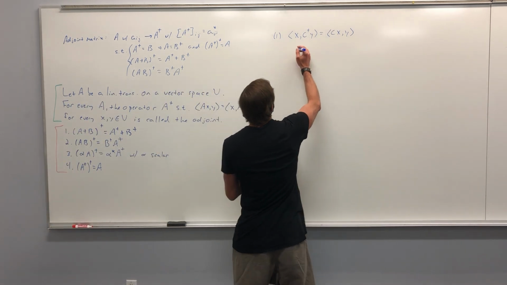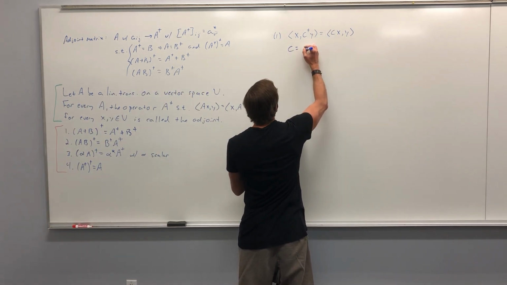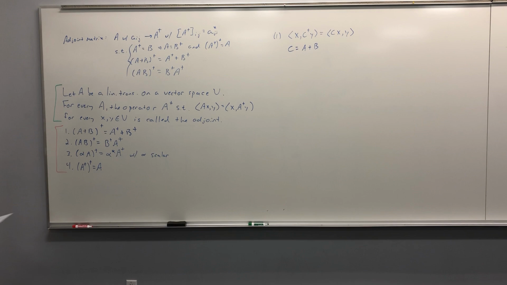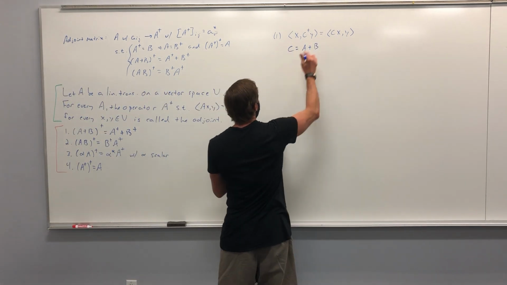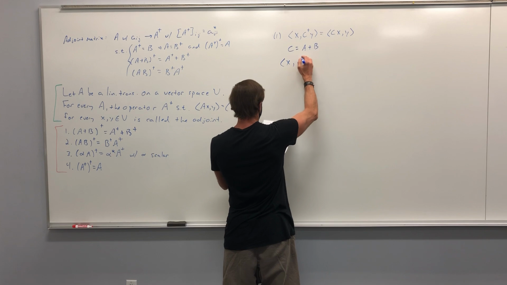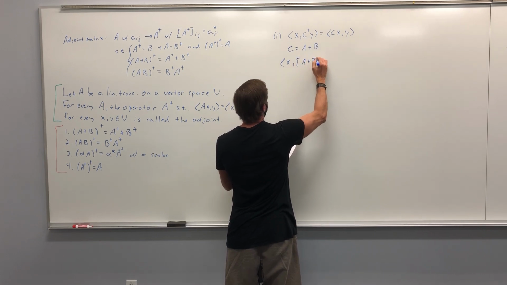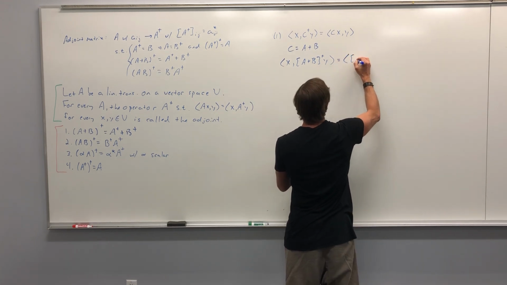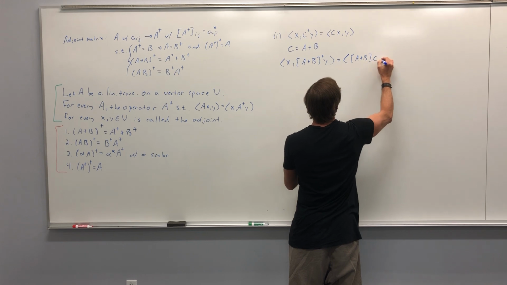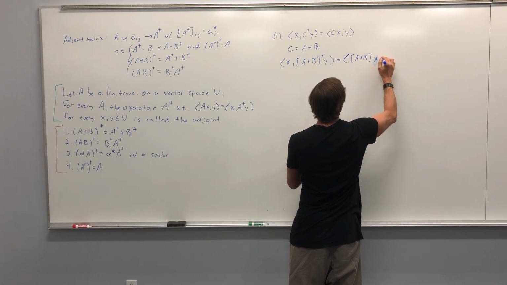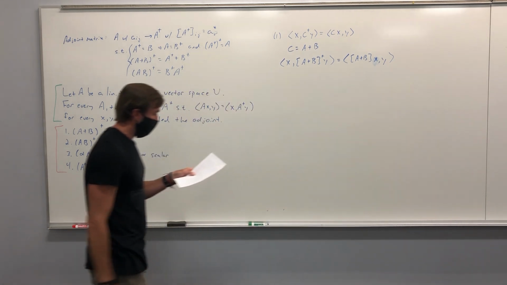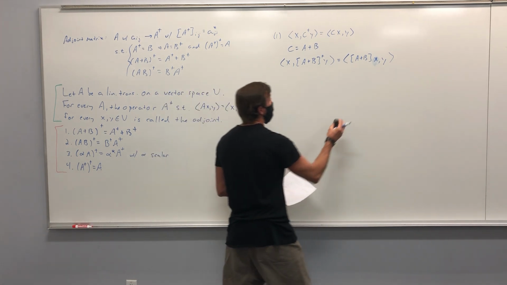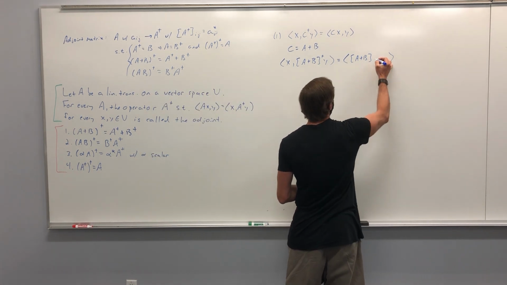Now, let's take C to be the sum of two linear operators A plus B. Okay, plugging that into this expression, what I find is the following. Okay? We on board? It's pretty simple. I'm just replacing C with A plus B.